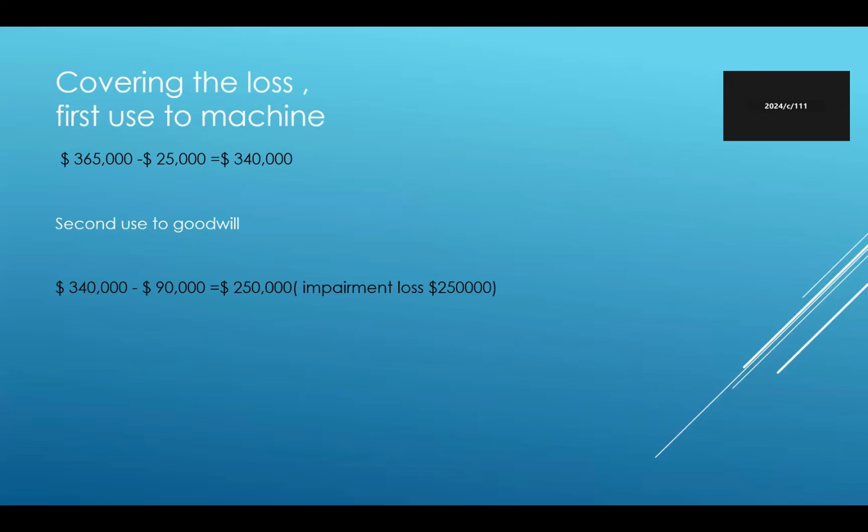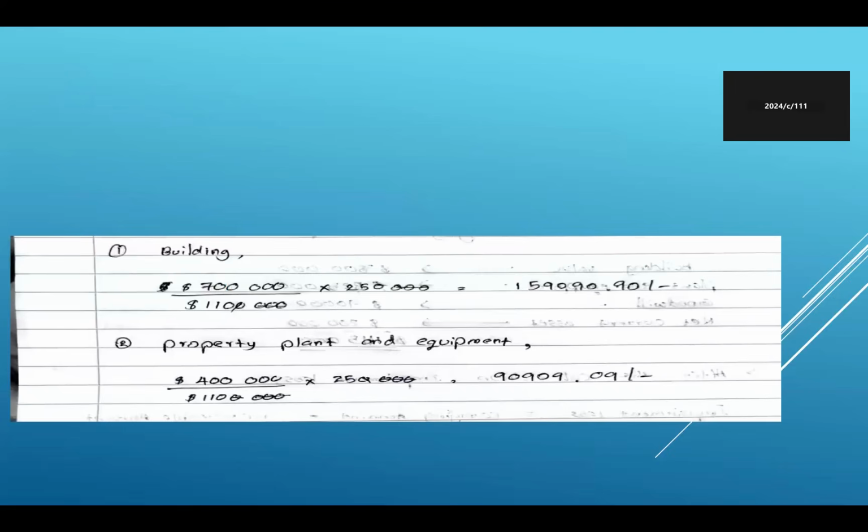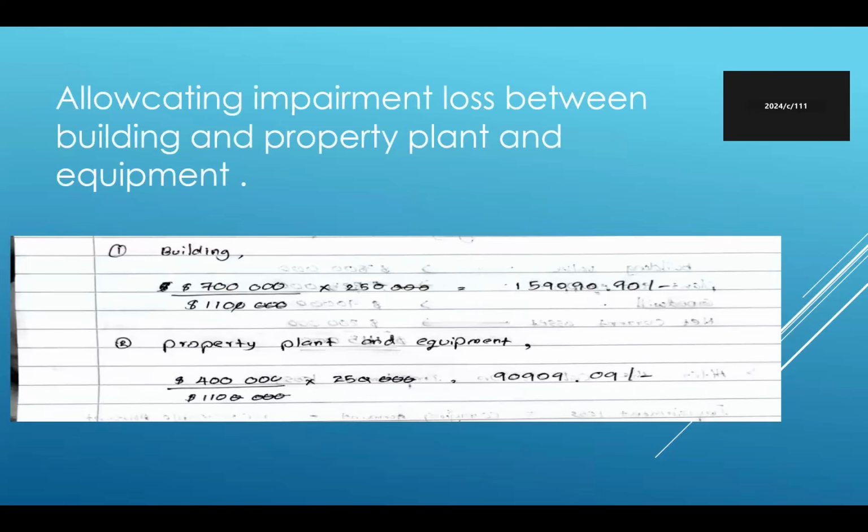This is the impairment loss to allocate. Finally, allocate the impairment loss between building and property, plant and equipment.